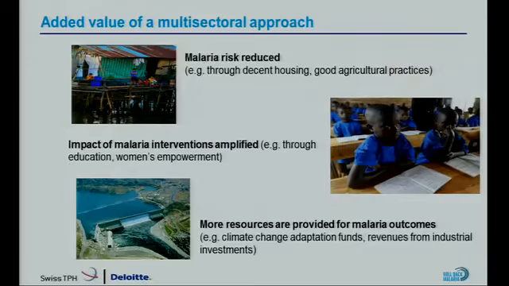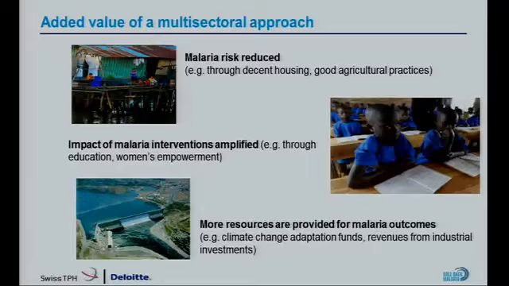So what is the added value of a multi-sectoral approach? Well, the stakeholders believed when writing the document that it was threefold. First, that it could reduce the risk for malaria, for instance, through decent housing and good agricultural practices. That it could also amplify the impact of malaria interventions, so for instance, education of children or empowerment of women.